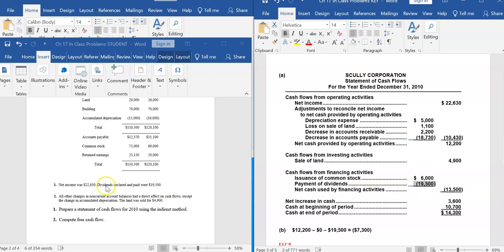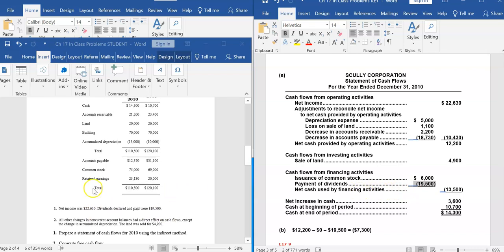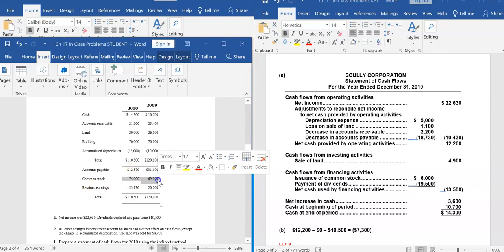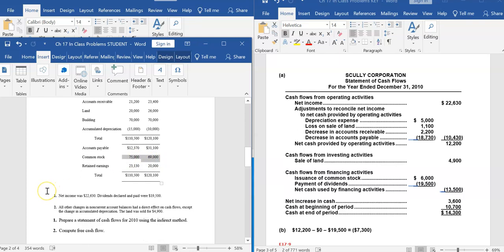One other thing we need to do is look at our balance sheet for any other things that may have had a cash flow impact. Looking here at our common stock, it increased from last year to this year in the amount of $6,000, which tells me that I must have sold stock.